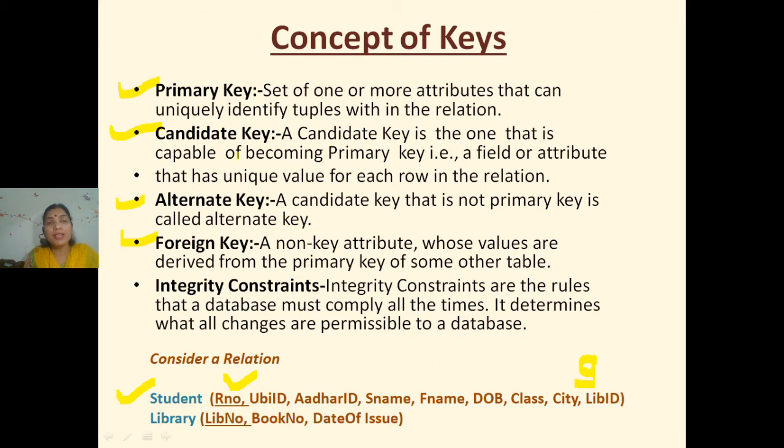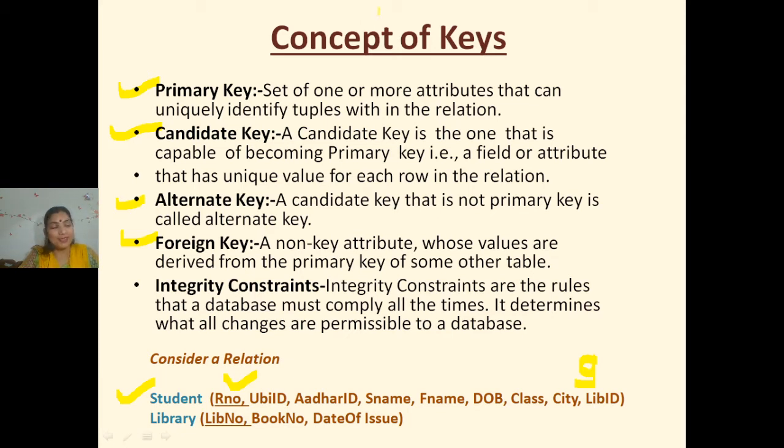So roll number is able to uniquely identify the tuple or the record of the table student. Similarly, if I say roll number 5, it will again be a particular student. So this is the concept of primary key. Primary key means any attribute which can identify the records in the table uniquely.